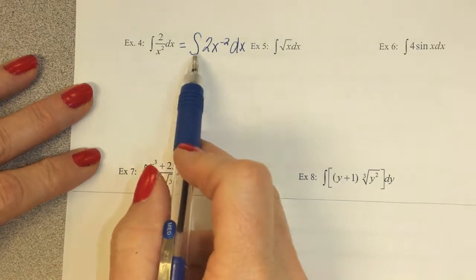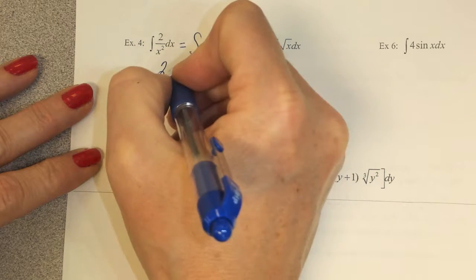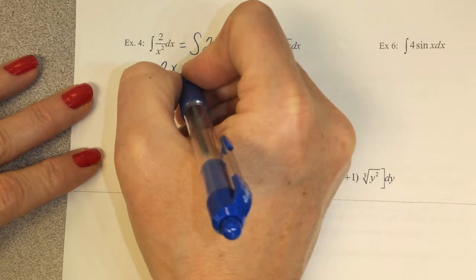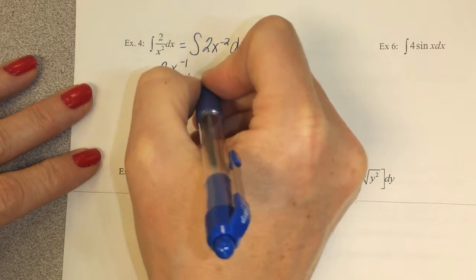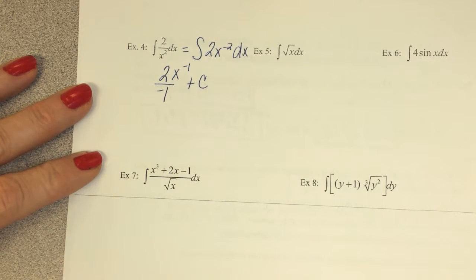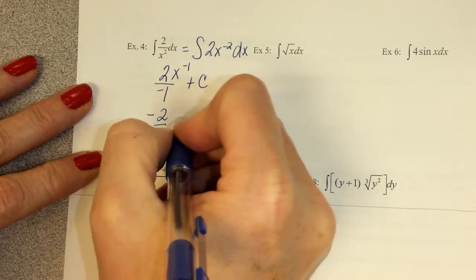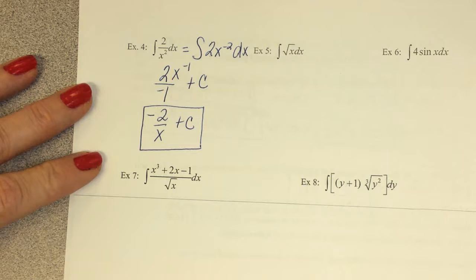That's just another name for the original problem. I write my coefficient, I add 1, what's my exponent going to be? If I add 1, -1, and I have to divide by that, and then I have to say plus c. So simplifying this, this would be -2 over x plus c. That's a better way of writing it. No negative exponents.